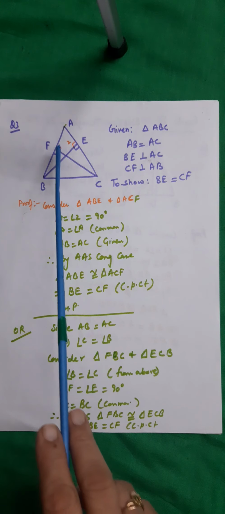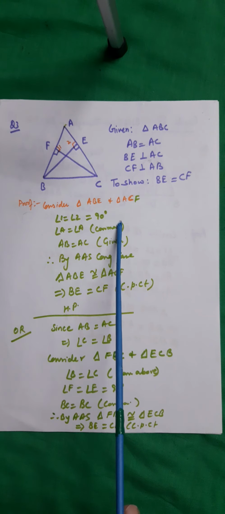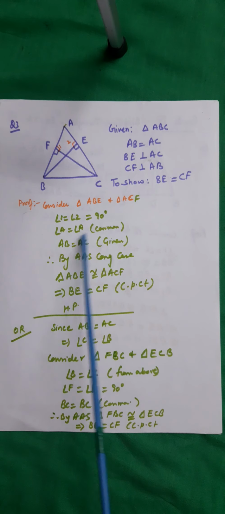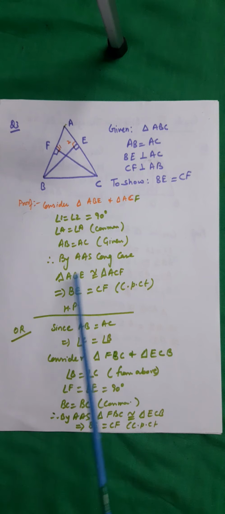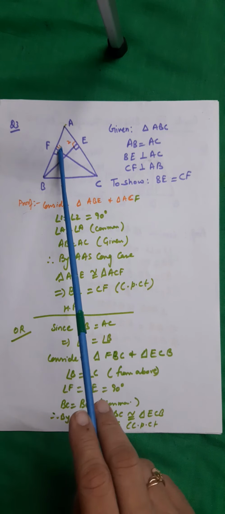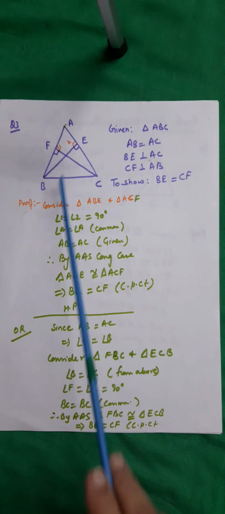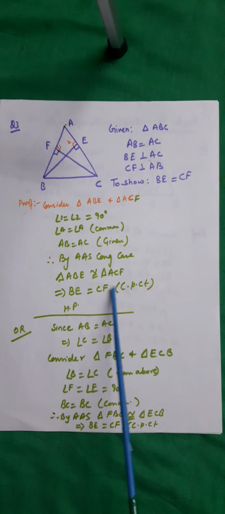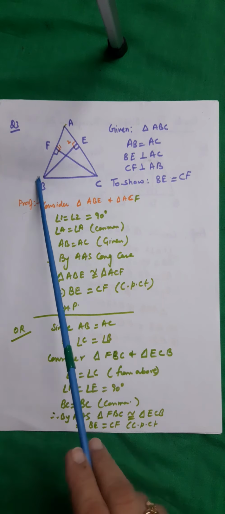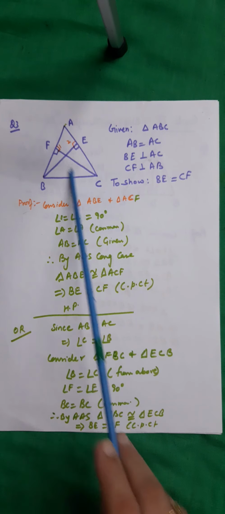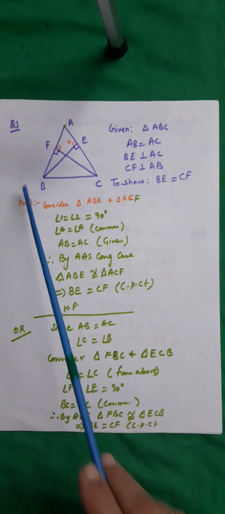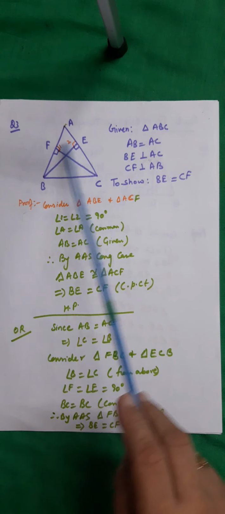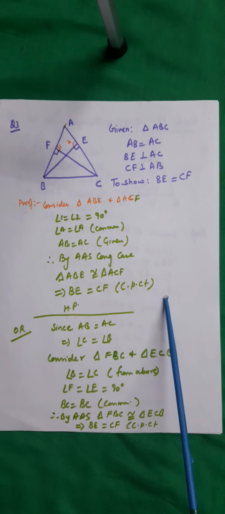In these two triangles, angle 1 is equal to angle 2 is equal to 90. Angle A is common and AB is equal to AC. Therefore, by AAS congruency case, triangle ABE is congruent to triangle ACF. This implies that BE is equal to CF by CPCT.